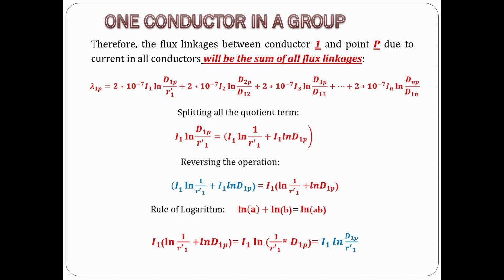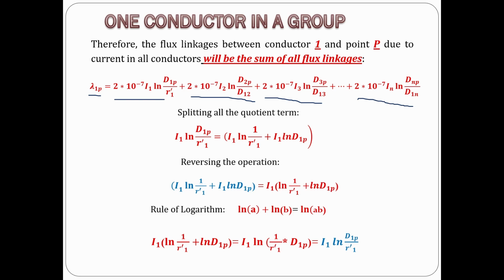So it is 2 times 10 to the negative 7 I1 ln D1P over R1 prime plus 2 times 10 to the negative 7 I2 ln D2P over D12 plus 2 times 10 to the negative 7 I3 ln D3P over D13 plus 2 times 10 to the negative 7 IN ln DNP over D1N.